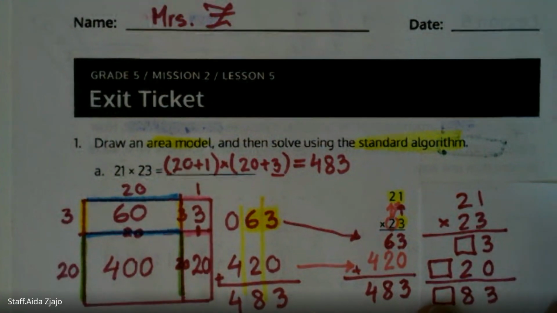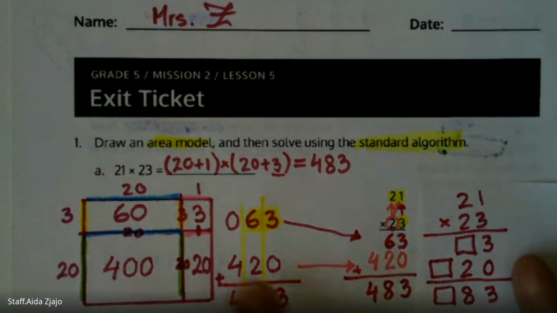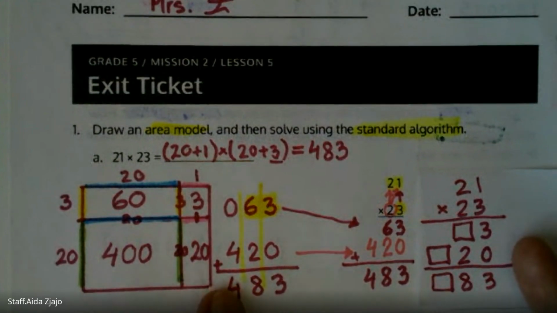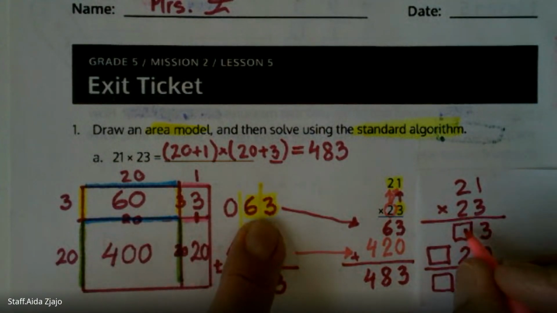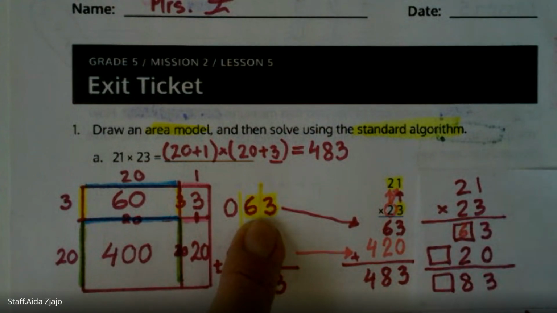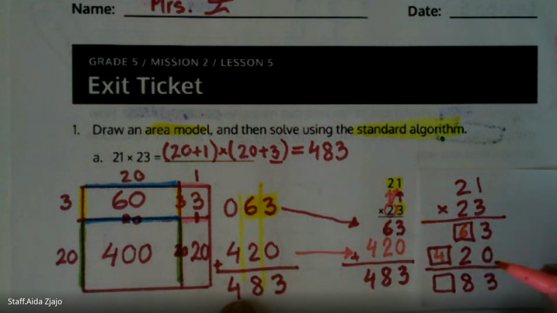So right now you don't know how to do the standard algorithm, but you have to solve this problem. You are good in the area model, so that's cool, because you can see, oh, I did the same thing. So the first missing number is 6, and then the second missing number is 4, and the last number is also 4.